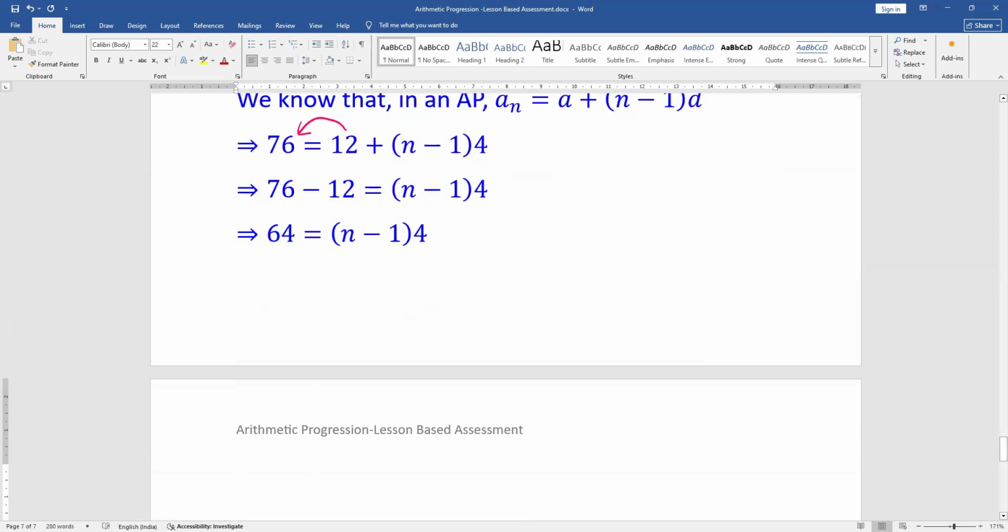In our next step, we are going to cancel this. 4 ones are 4, 4 16s are 64.